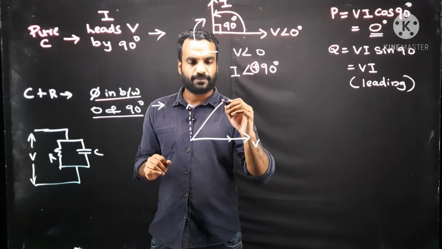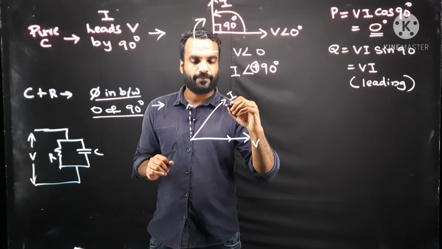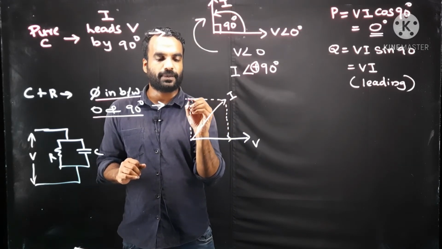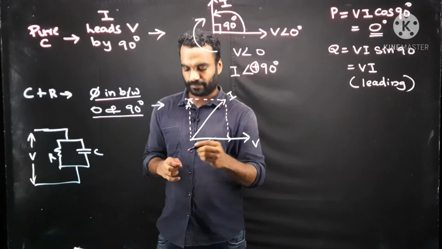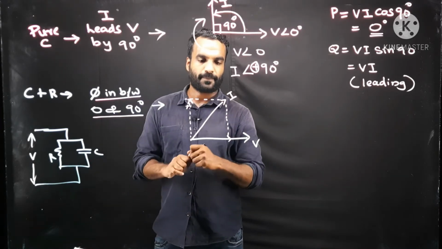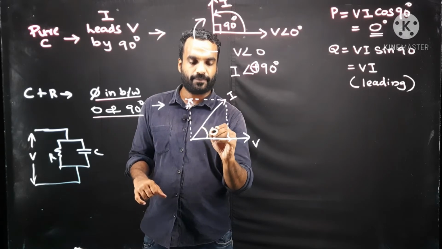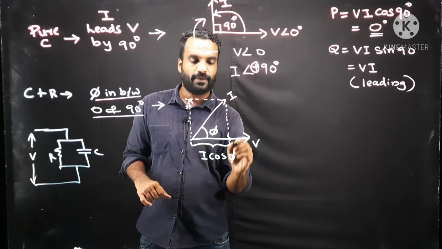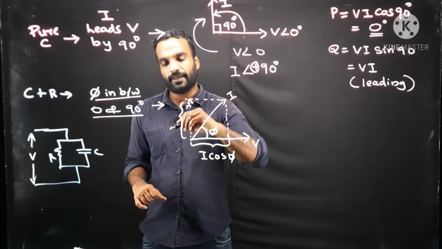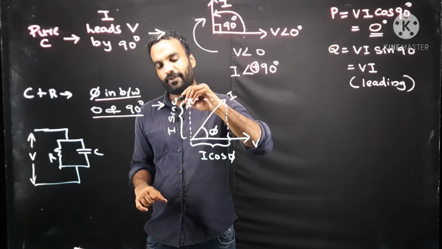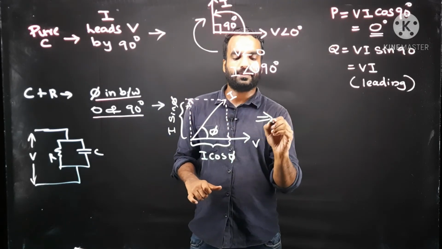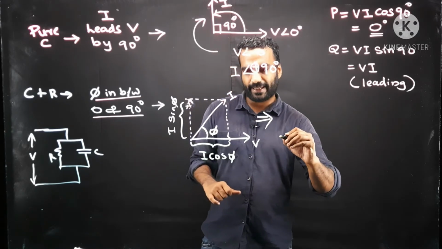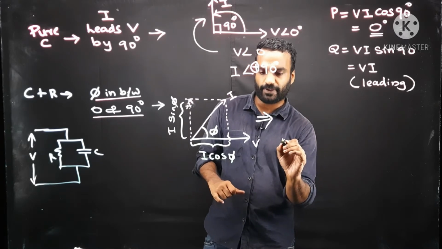Okay, so suppose the current is coming here, this is I. We can split that current into two components, where this angle is phi. So this component is I cos phi, and this component will be I sin phi. I am drawing it in the form of currents only, taking the currents from this figure.